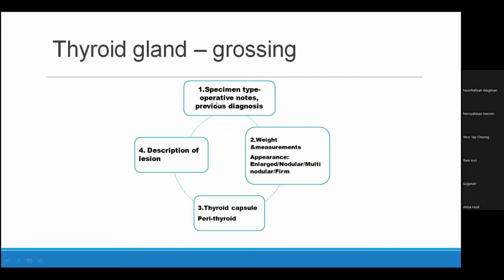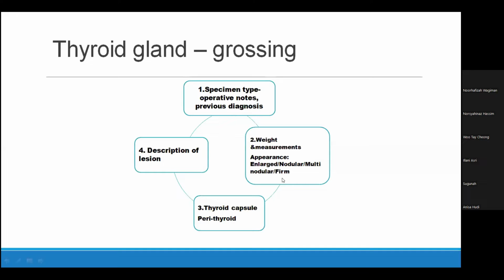So first, thyroid gland grossing. I know this is very simple and everyone knows it, but it's good to revise because some of you are junior doctors and medical officers. Before you touch the thyroid gland specimen, make sure you read the operative notes and the previous diagnosis is with you, so you have some idea what you are working on. Then the measurements or parameters and the appearance.